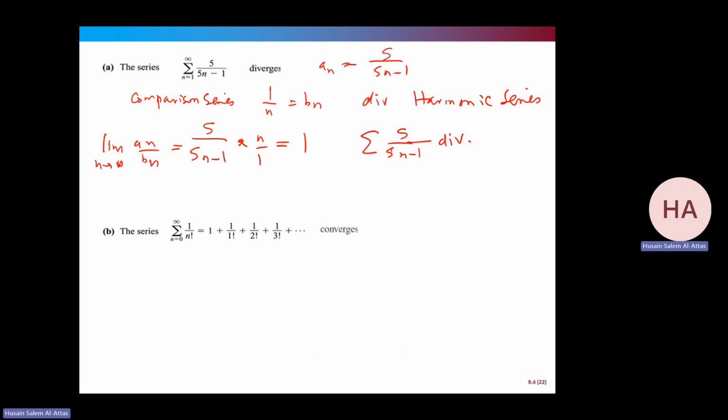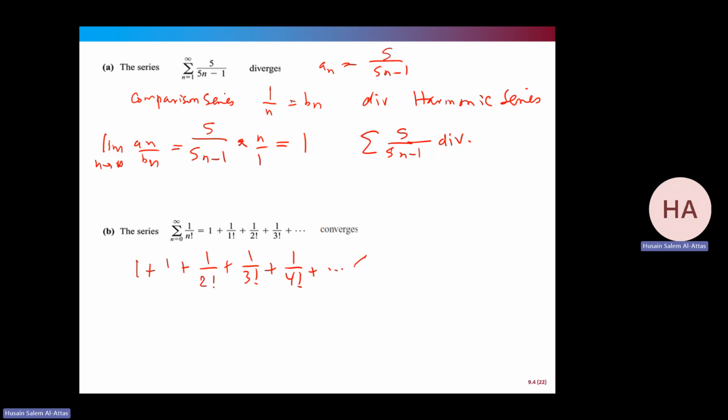Okay. Next one. Yeah, this is a little bit odd. What do I need to do? Let me look at this. This is 1 plus 1 plus 1 over 2 factorial plus 1 over 3 factorial plus 1 over 4 factorial plus.